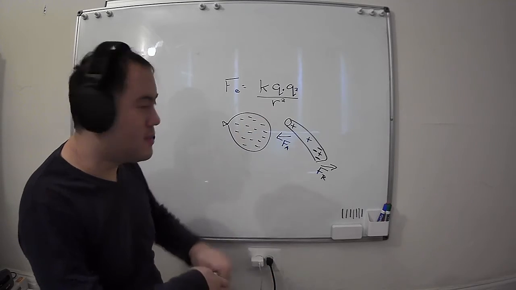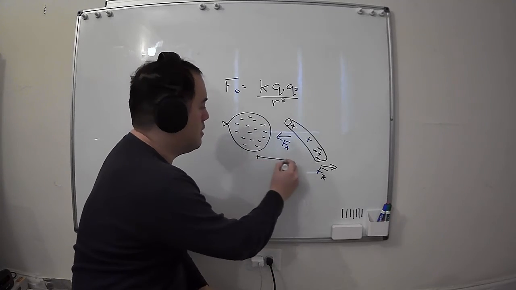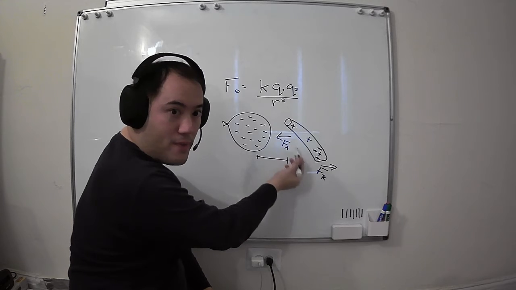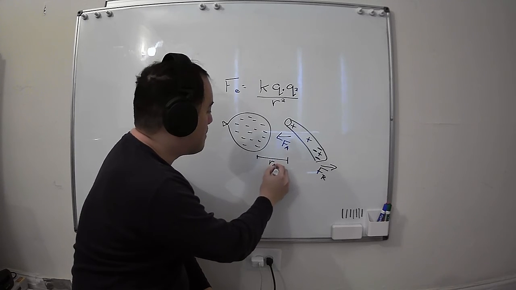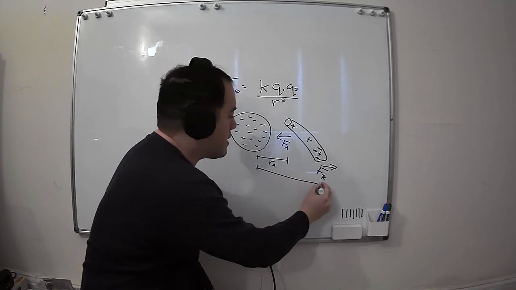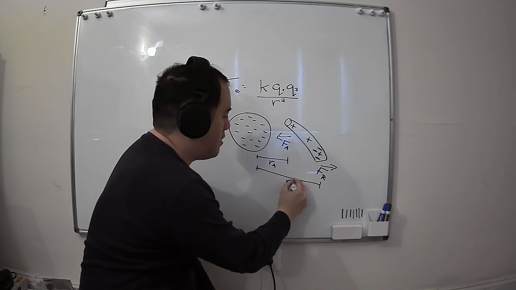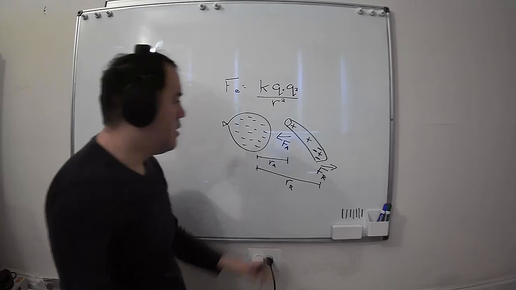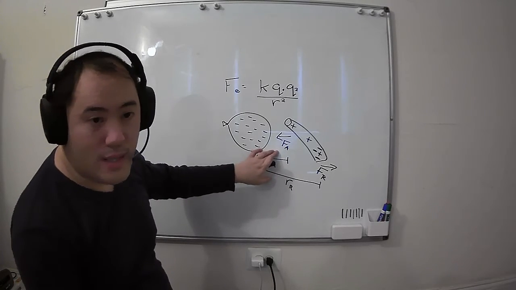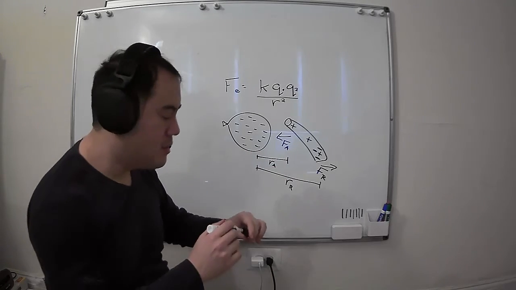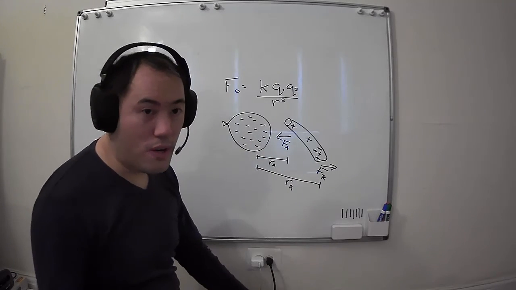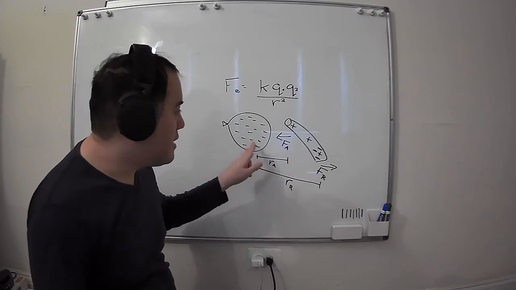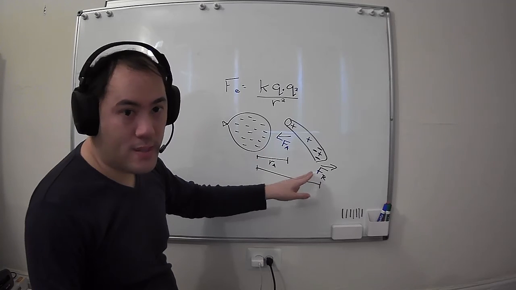R is the difference. The left side of the feather fiber is closer to the balloon. The right side is farther. So the attraction is stronger than the repulsion. Even though this little piece of whatever is neutral overall, it's attracted more than it's repelled.